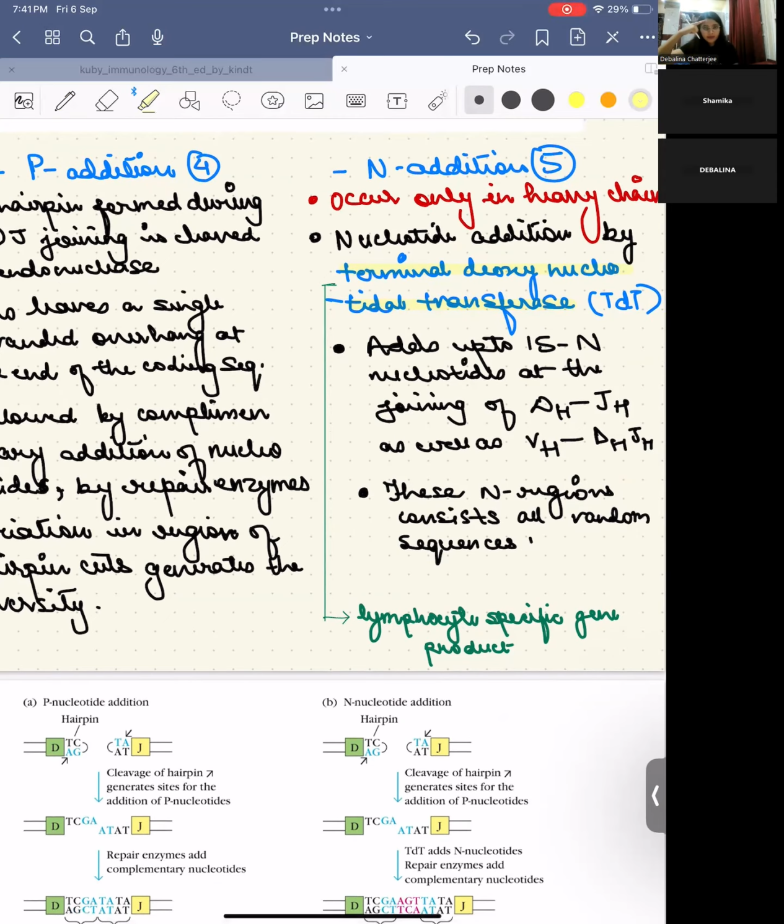So this is something you have to remember, that N addition only happens in heavy chains. It can add up to 15 nucleotides at the joining of D and J. During the process of DJ joining, it can add up to 15 nucleotides. Or when we have the VH region joining to this combination of D and J, again this joining can be acted upon by TdT, and we can again have up to 15 nucleotides added in this region.